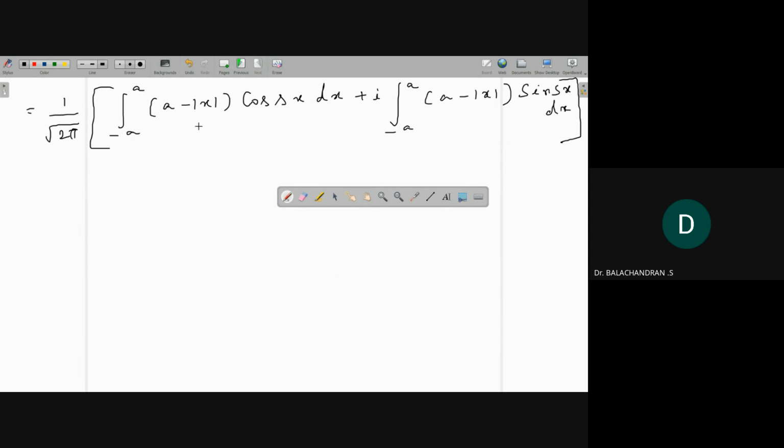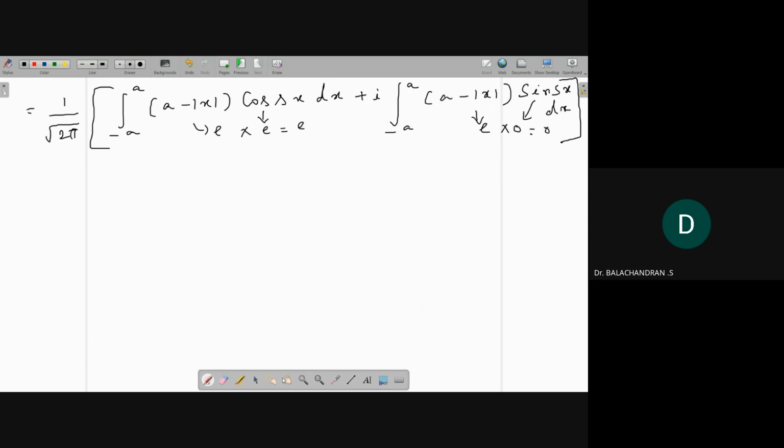Now I told already that this is an even function, and this is also even. Even into even is even. This is odd. Even into odd is odd, so the integral from minus a to plus a will be 0. Here the integral from minus a to plus a is even.